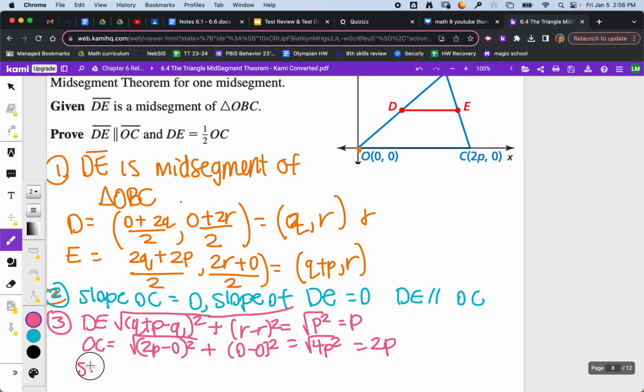So DE is half of OC because P is equal to exactly half of 2P.